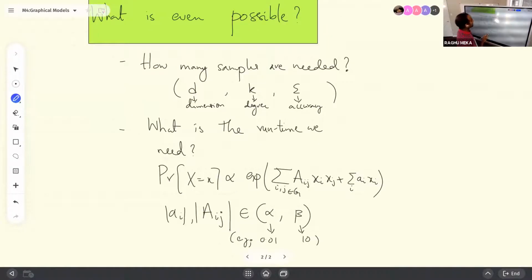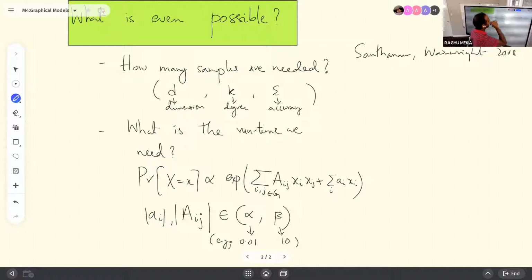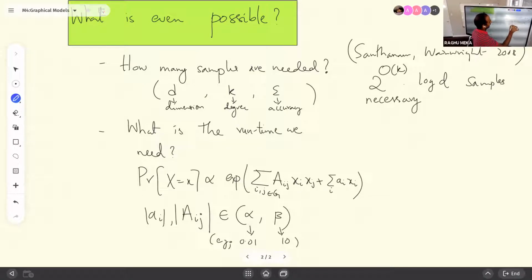So in terms of statistics, how many samples are needed? Santhanam and Wainwright, two statisticians and ML researchers, showed in 2008 that you need basically 2 to the O of k times log d samples, necessary and sufficient.